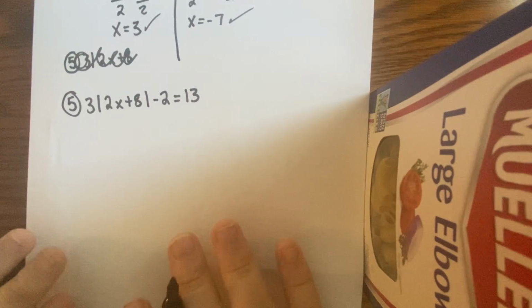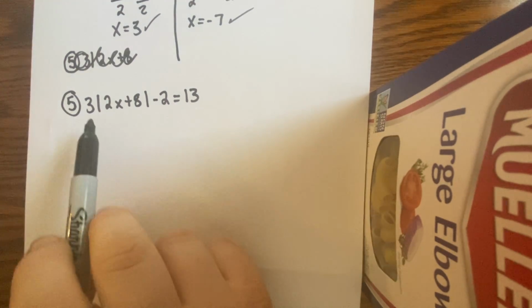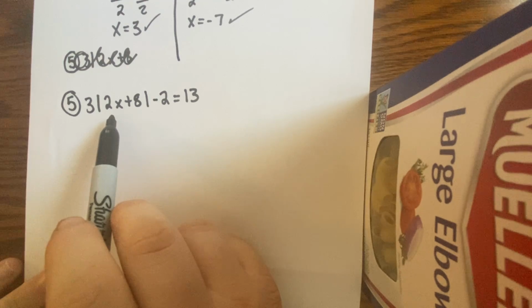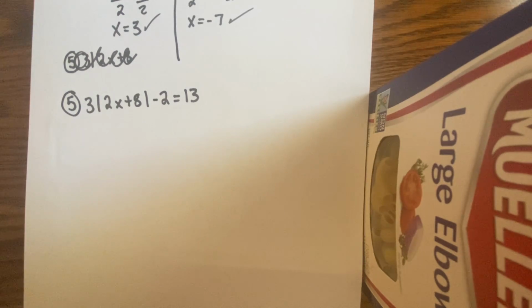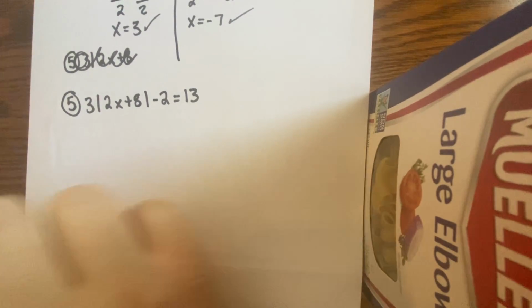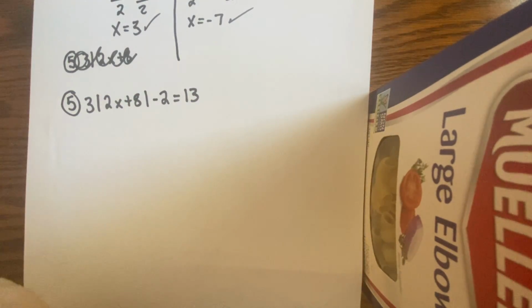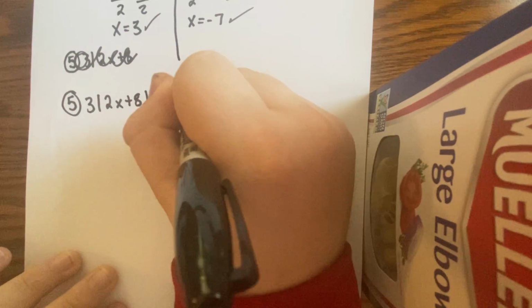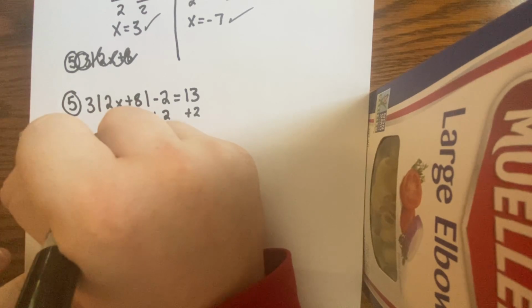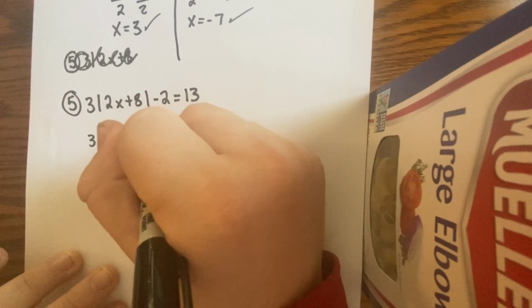Like I said in the very beginning, the first thing we want is absolute value equals a number. But right now we have 3 times the absolute value minus 2 equals a number. So we treat this like any other equation, where if this was 3x minus 2 equals 13, we use inverse operations to solve. We'd want to add 2 to both sides first. So we get 3 times the absolute value of 2x plus 8 equals 15.